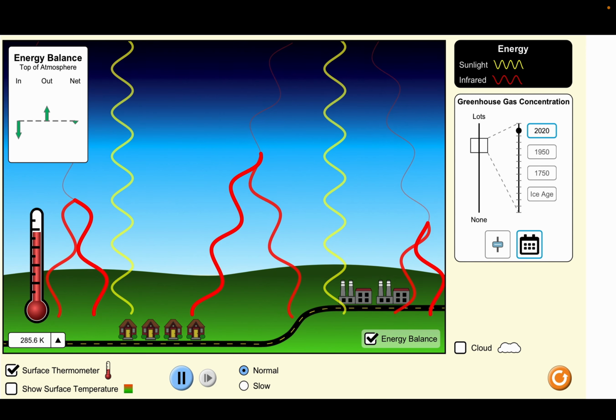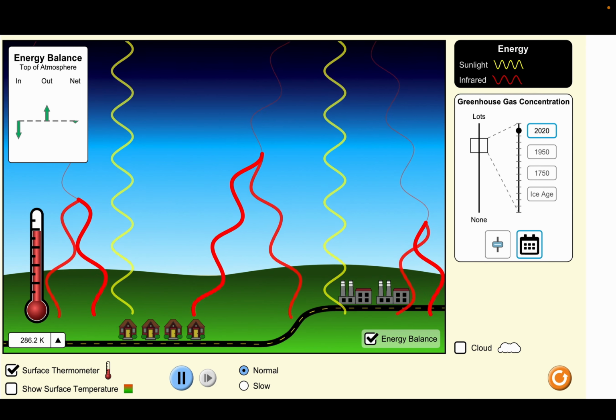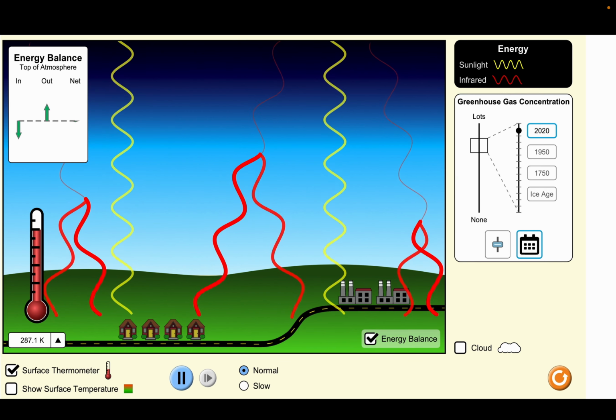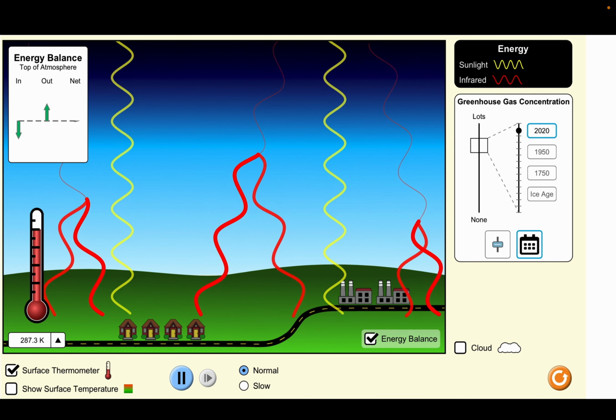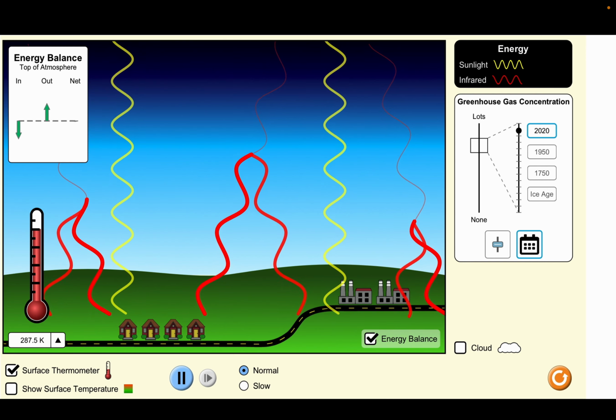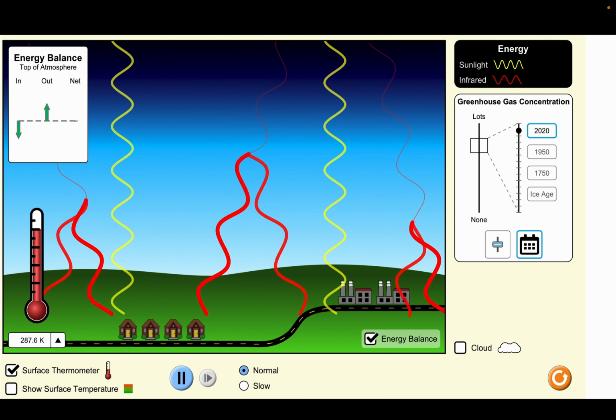If I look at the energy balance, it's once again balanced, what's coming in matches what's going out. But if we look at the thermometer, higher value. We have a higher temperature when we had more greenhouse gases in the atmosphere.